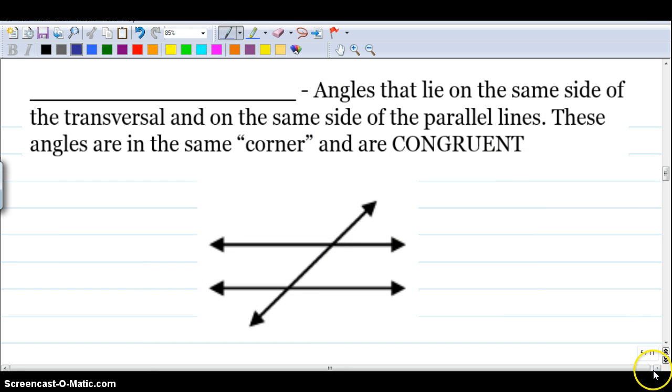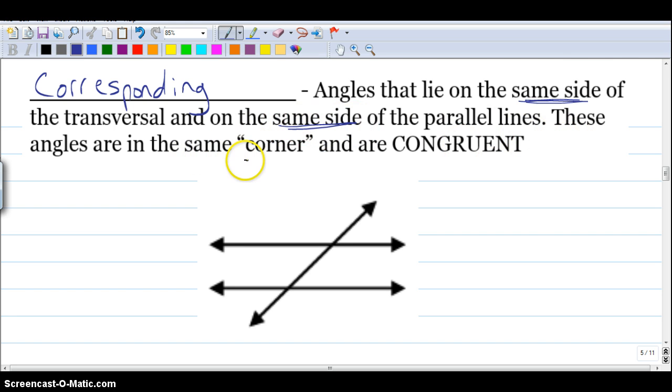Alright. So first, we're going to go into these angles, which are called corresponding. Corresponding angles are angles that lie on the same side of the transversal and on the same side of the parallel lines.